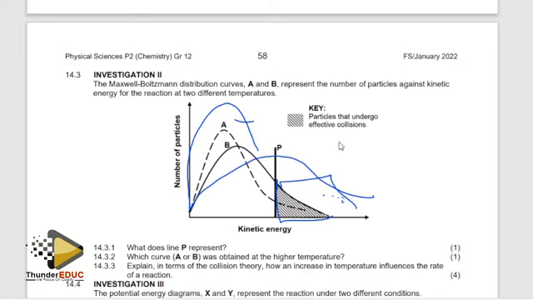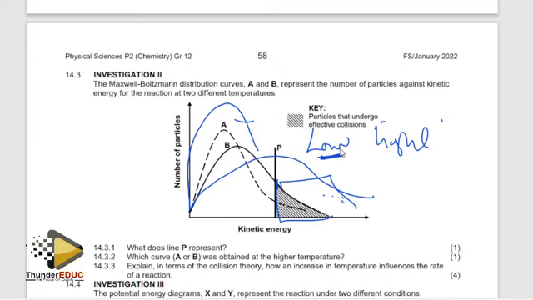For example, you have a lower temperature and then a high temperature. How is the high temperature going to affect it?